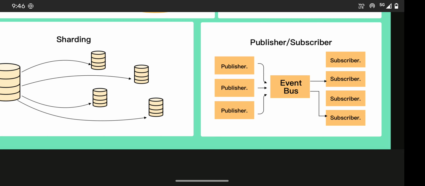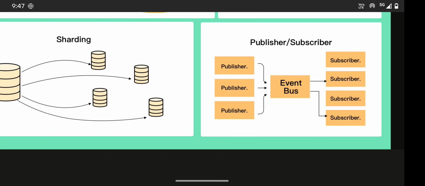There are many use cases. The thing is, a publisher is generally used to publish or post some data into a queue, and a subscriber is a program which reads the data that was published by a particular publisher.